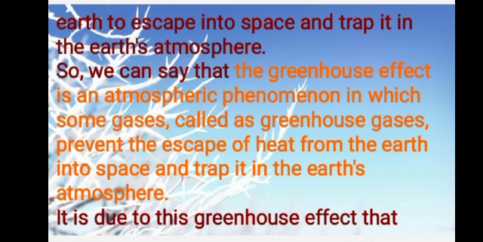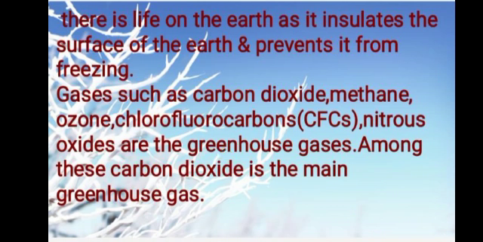It is due to this greenhouse effect that there is life on the earth, as it insulates the surface of the earth and prevents it from freezing. Gases such as carbon dioxide, methane, ozone, chlorofluorocarbons, and nitrous oxides are examples of greenhouse gases.